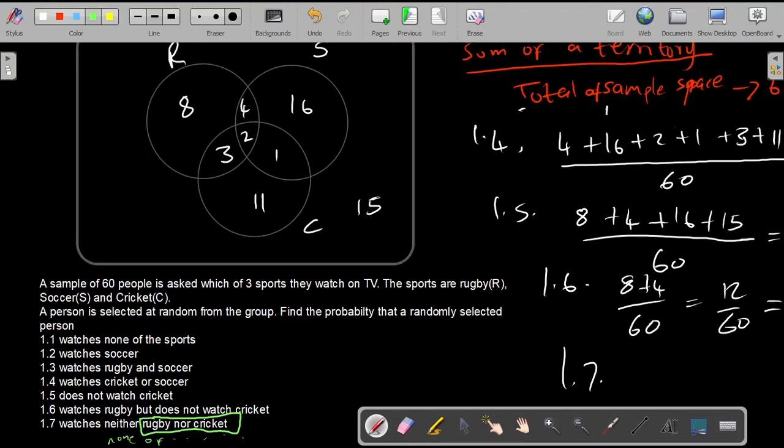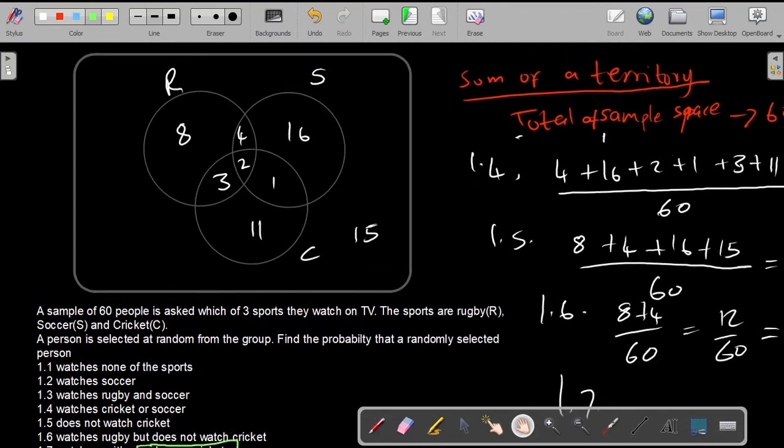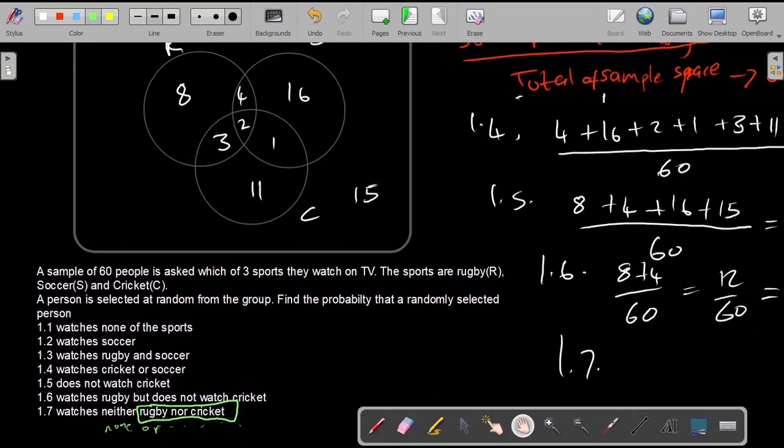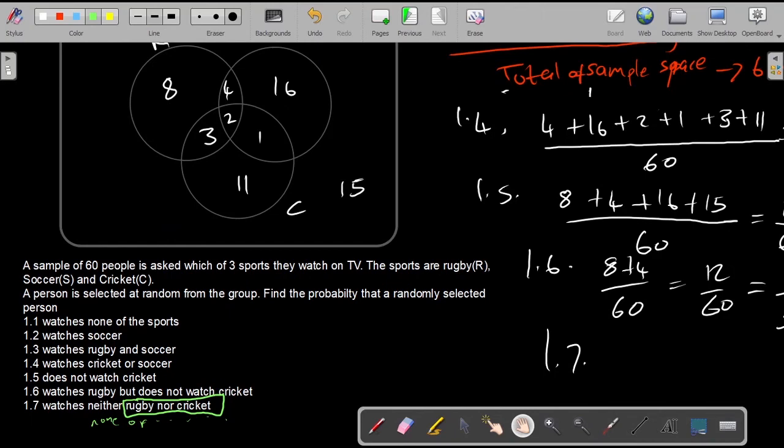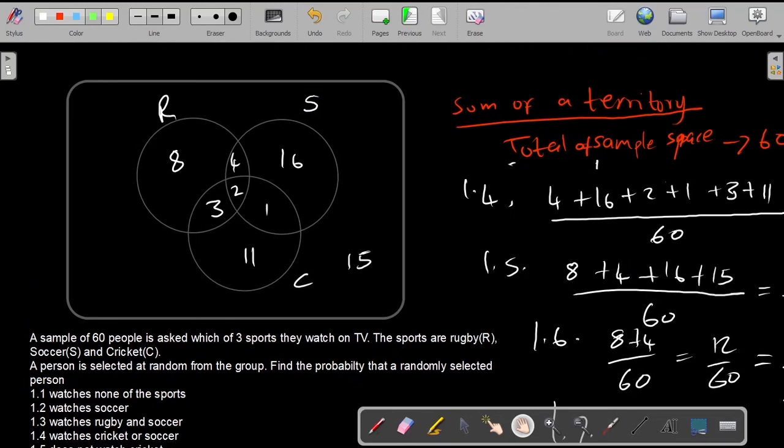Now moving on to 1.7, it says find the probability that a randomly selected person watches neither rugby nor cricket. So now we're talking about the territory which is outside R and C. So everything associated with R and C should be excluded, basically. R is over there, C is over there.